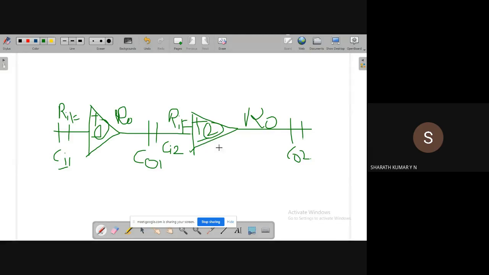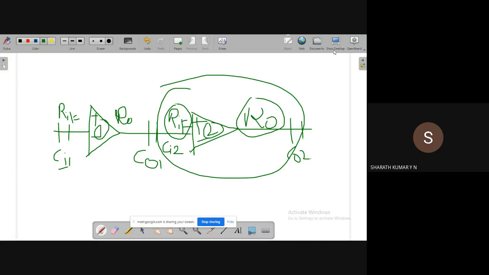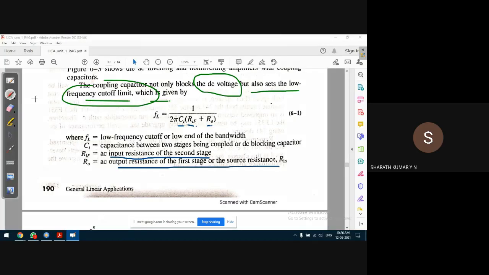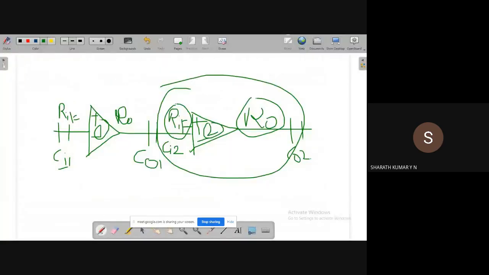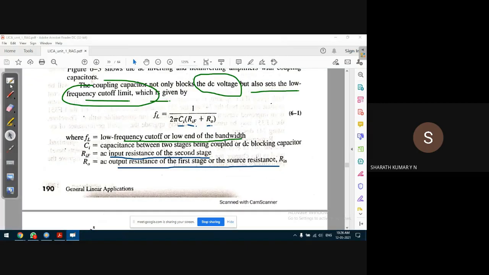Okay, so with respect to this second op amp, RIF is the input resistance and RO is the output resistance. With that understanding, what is the lower cutoff frequency, or low end of the bandwidth? In the diagram we had written FL, low end of the bandwidth. What does low end indicate?